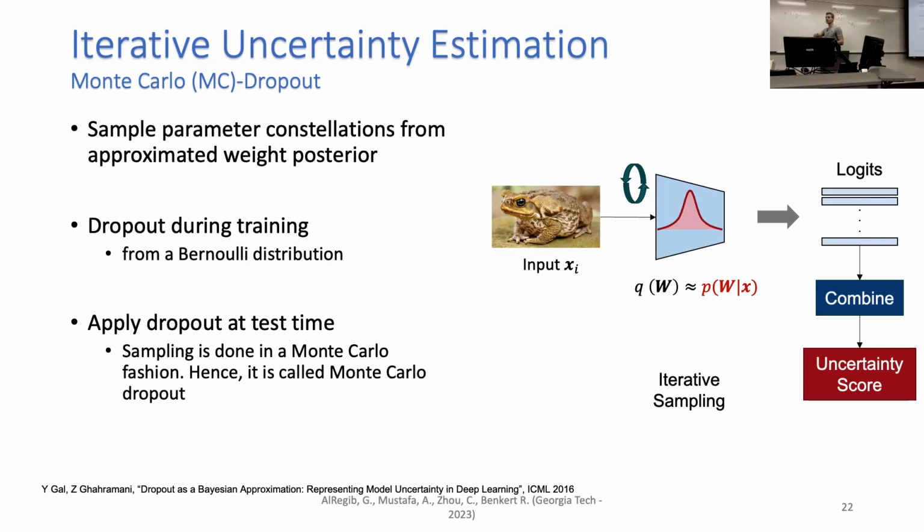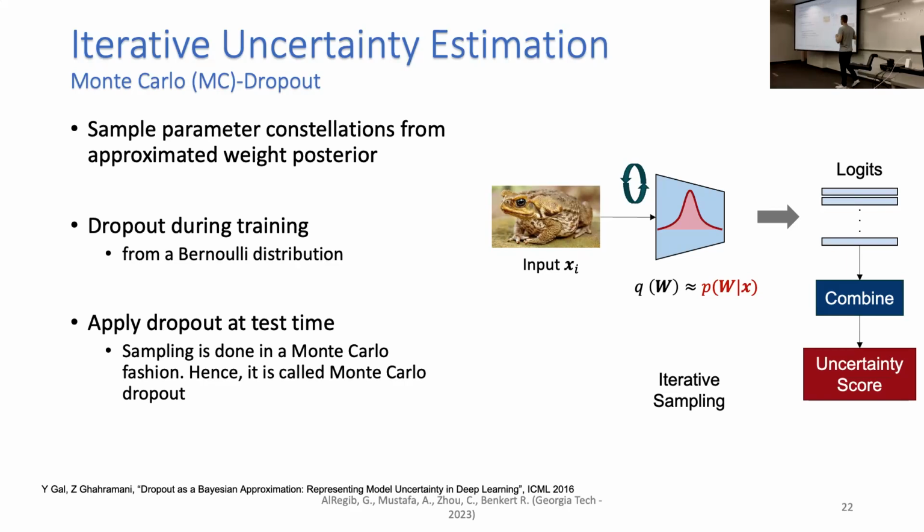You could just sample from this distribution. And if I sample a bunch of samples from this distribution, that would give me a bunch of different predictions that I could in turn combine again, which would give me, first of all, a very good prediction of the model, while at the same time also giving me a measure of uncertainty, depending on how much these predictions differ, right?